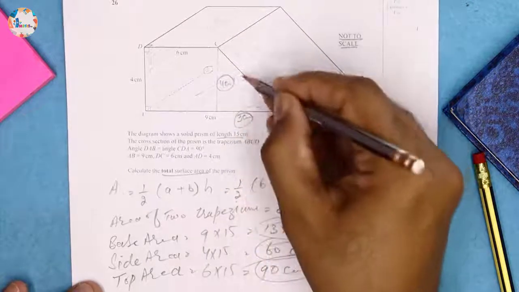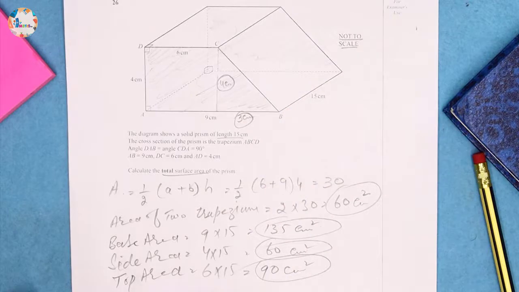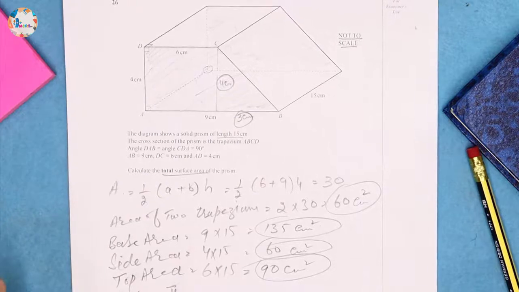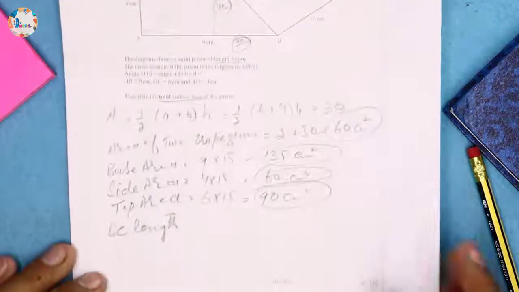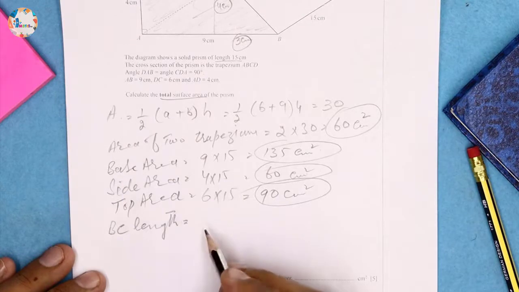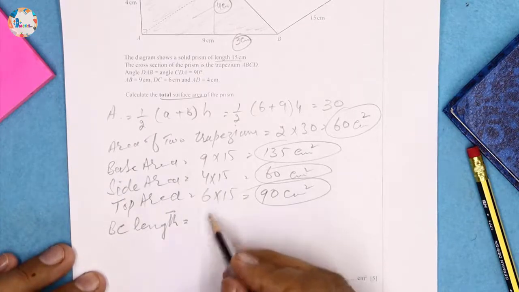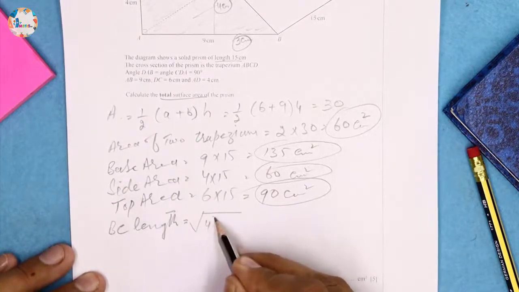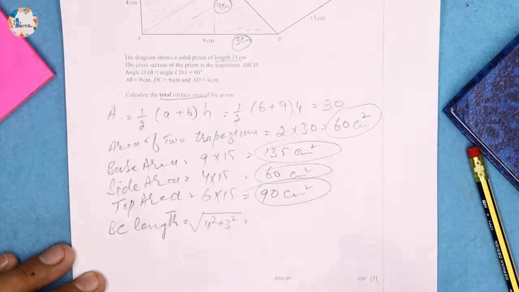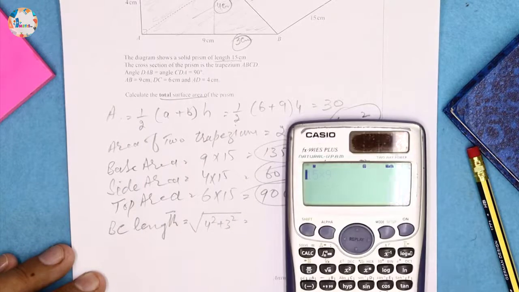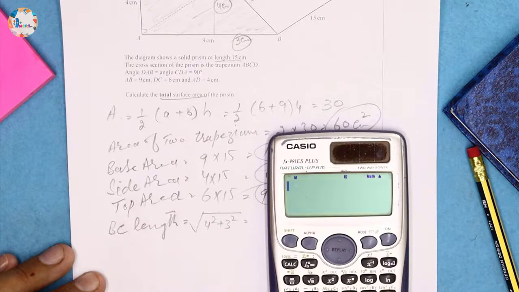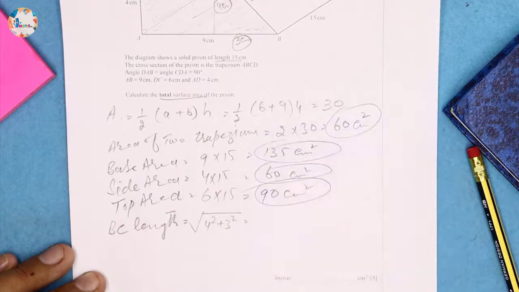By Pythagoras theorem we can find BC. BC will be the square root of 4 squared plus 3 squared, and this is equal to 5.